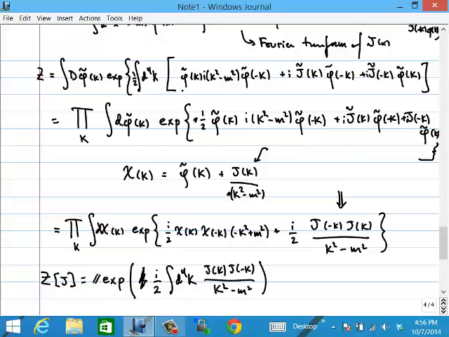That's just an overall number. We don't care about overall numbers. It's independent of j. We're going to divide it out anyway, so we just don't need to keep track of it.